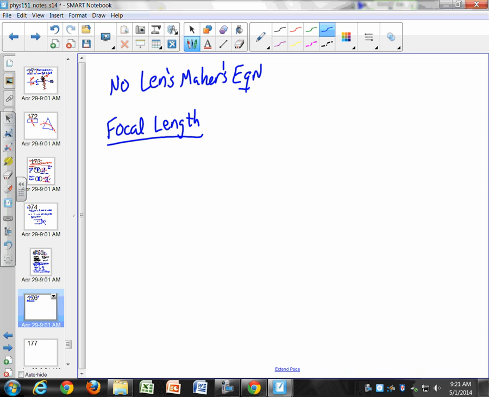Optometrists and scientists talk about the strength of a lens. This strength of a lens refers to how much it bends light.